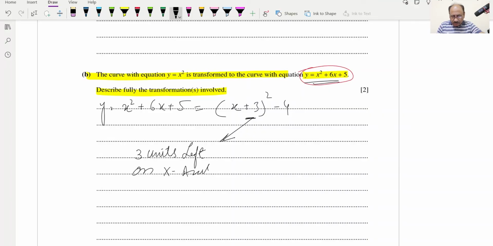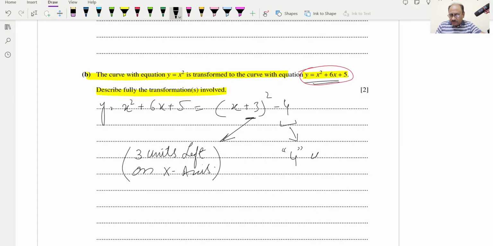This is the transformation, and this portion, minus 4, is 4 units down. So f of x minus whatever will be that many units down. If it is minus, then it will be down; if it is plus, it will be up.